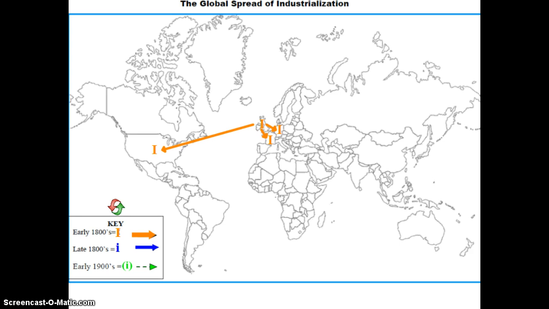Now we discuss the countries that industrialized in the late 1800s. So let's place a lowercase i on Russia. If you could find Russia on your map. Here is Russia. And Russia industrializes in large part because Tsar Alexander II wanted to westernize and modernize Russia, but resisted any change to his autocratic government.